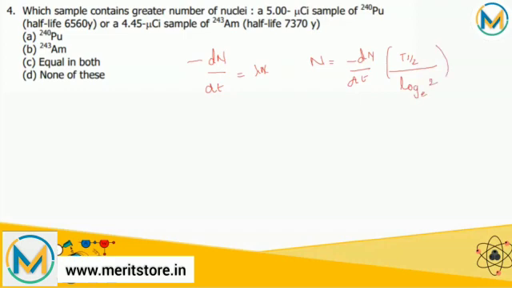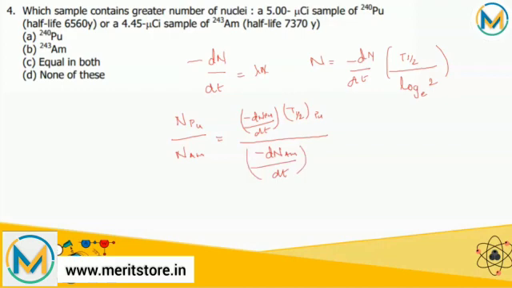Okay, now taking the ratio of this expression for plutonium-240 to the same expression for americium-243, we have N of plutonium upon N of americium, which is equal to minus dN of plutonium upon dt into T half of plutonium, the whole upon minus dN of americium upon dt into T half of americium.